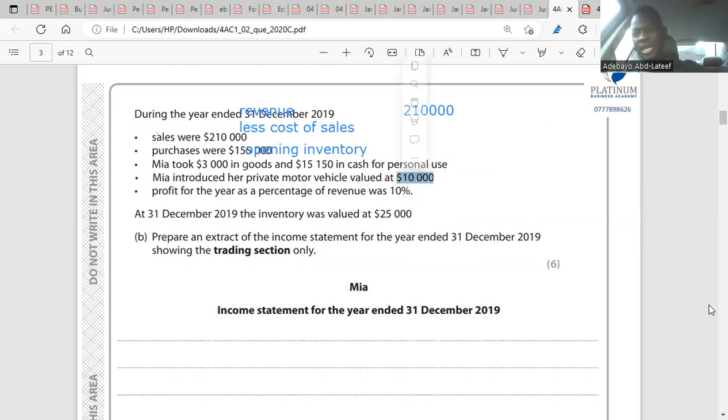Yes. That's additional equity. So you add it to 68,400 plus 10,000 now. That gives us 78,400, right? That's your 68,400, which is the equity for January. You add it with additional equity, which is 10,000.